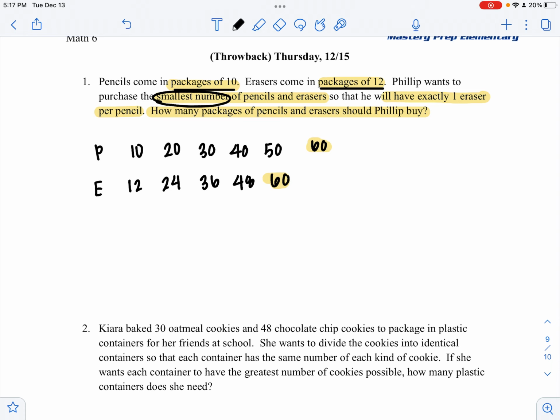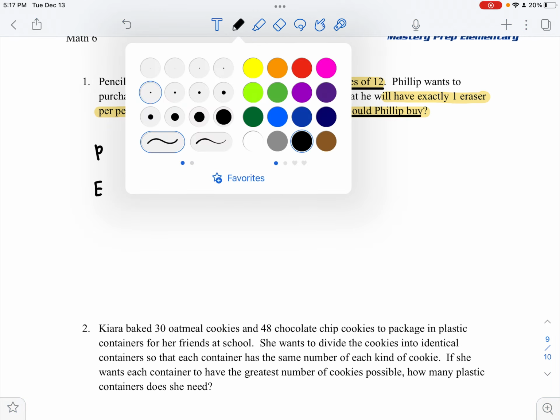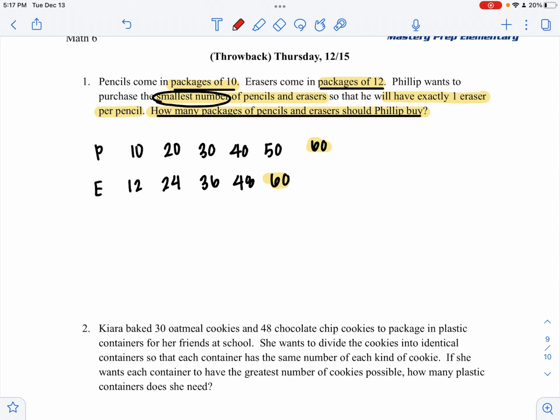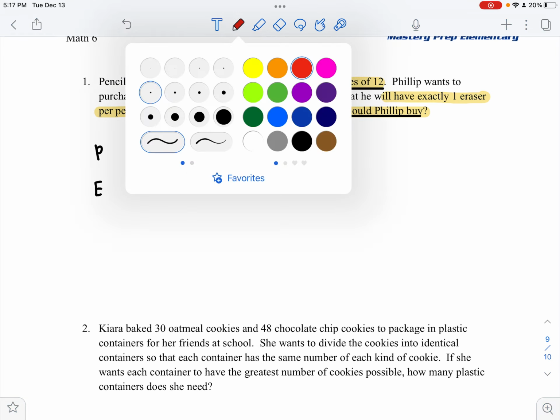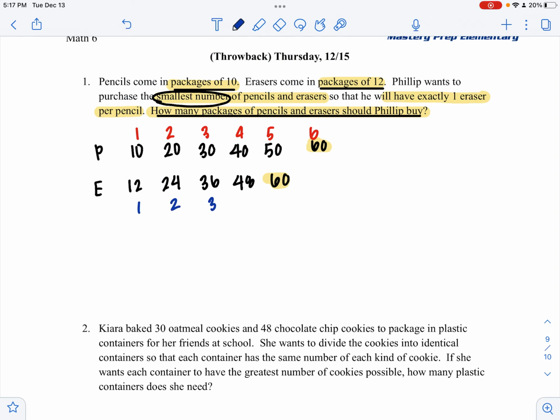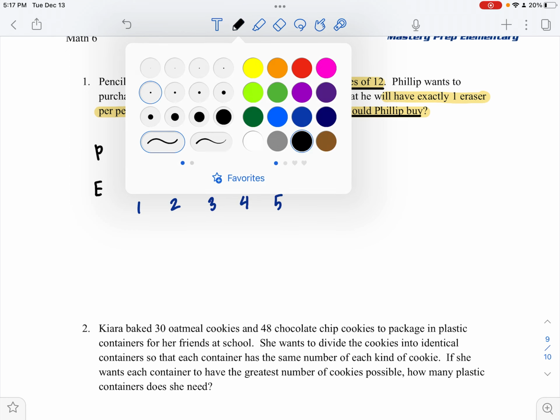But that's not the answer, because the question asks us how many packages of pencils and erasers should Philip buy? Well, we know that Philip needs 1, 2, 3, 4, 5, 6 packages of pencils to get to 60. And he needs 1, 2, 3, 4, 5 packages of erasers to get to 60.